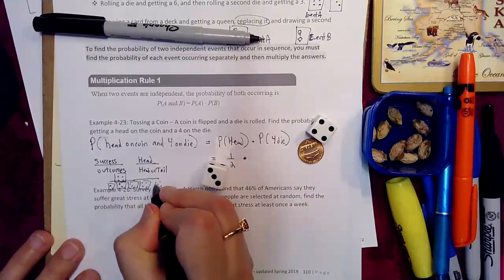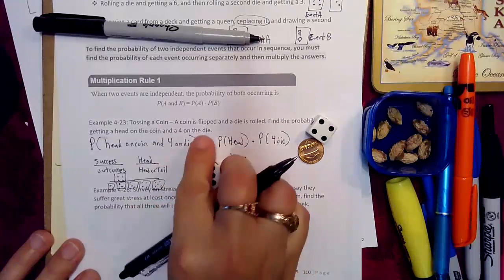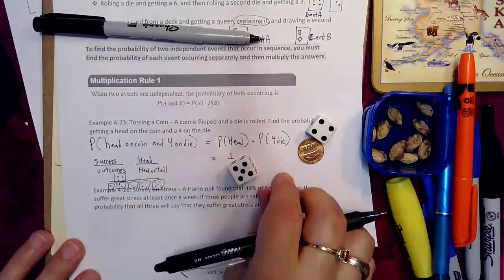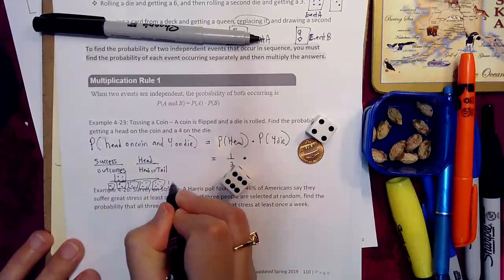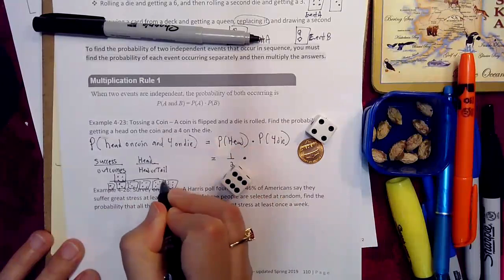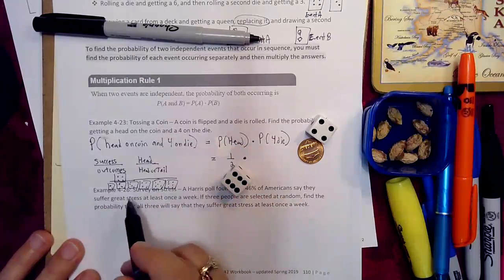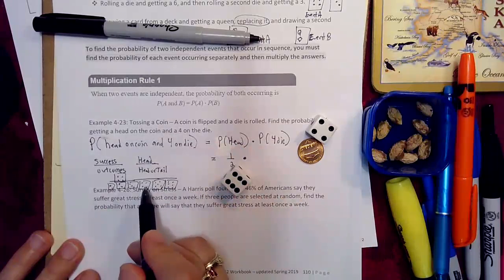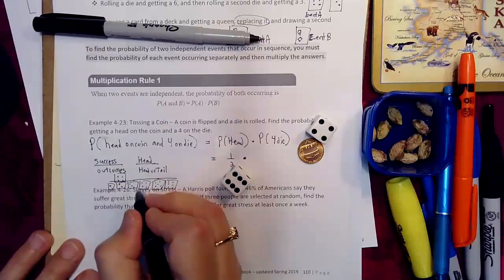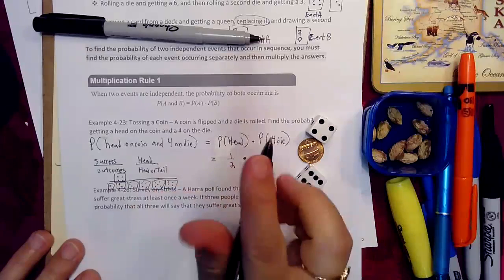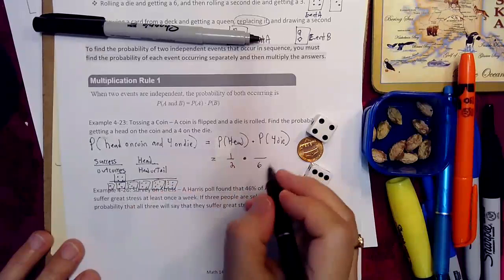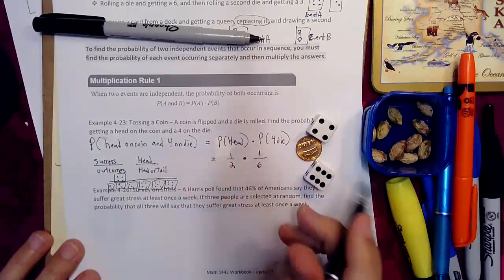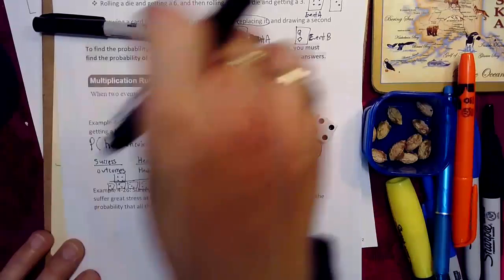There's also the option of the 5, and then the option of the 6. So that's a total of 6: 1, 2, 3, 4, 5, 6. That's your denominator. And in the numerator, you just have 1, because there's only one 4 that can pop up.